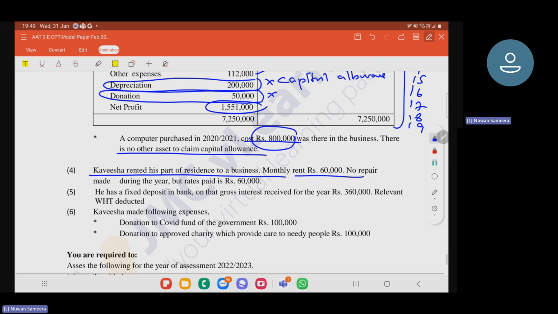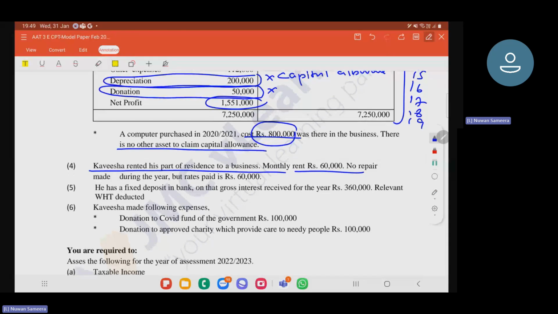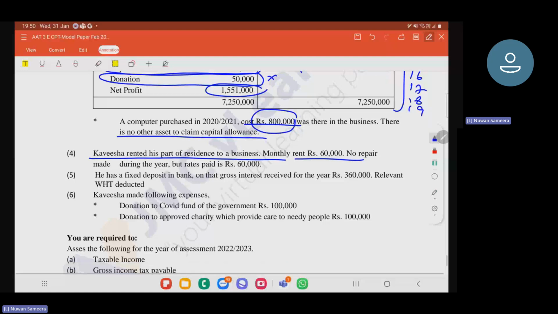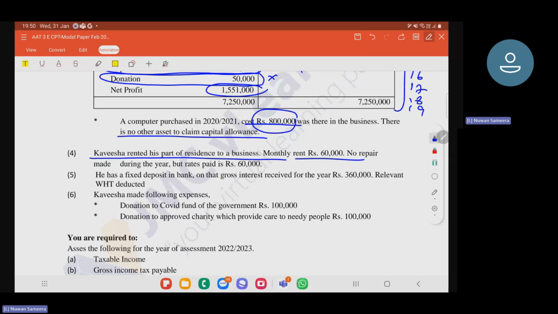If so, you are not supposed to categorize the rent and interest income as an investment; you have to consider it as business income. So normally rent and interest is an investment, but if it is effectively connected with the business, it should be business income. You have to keep that in mind.